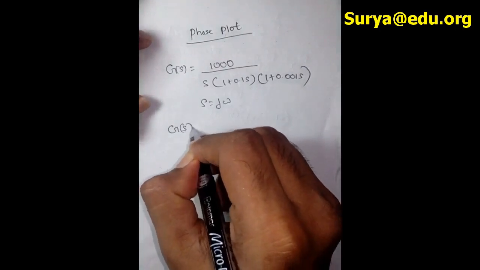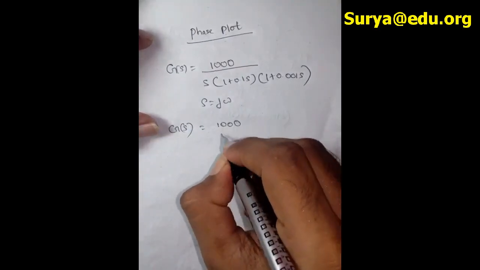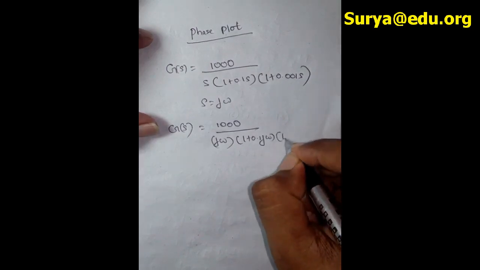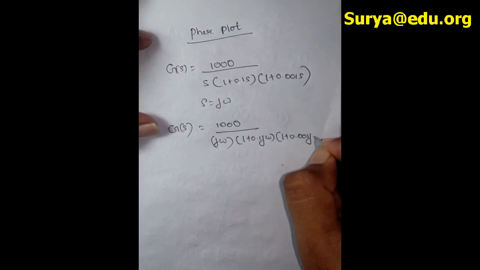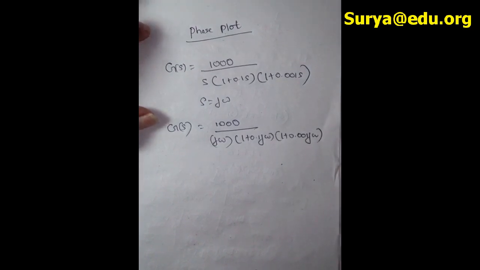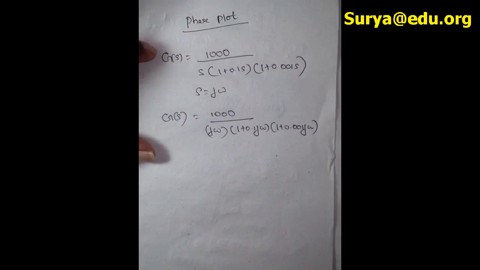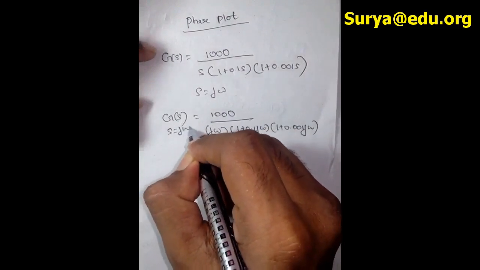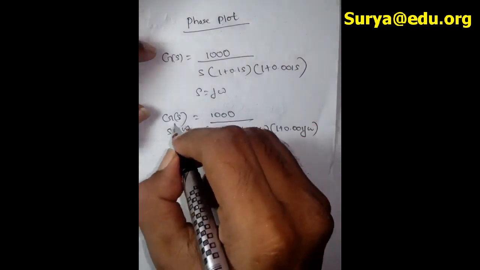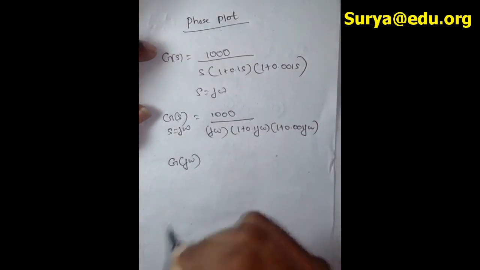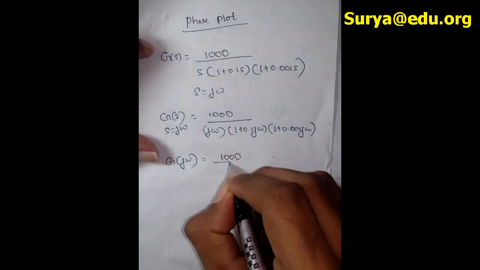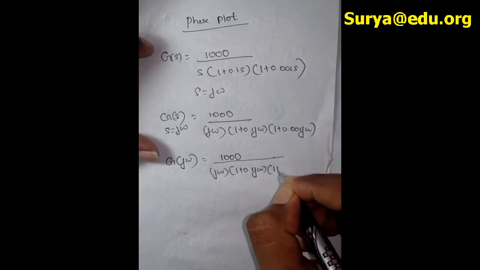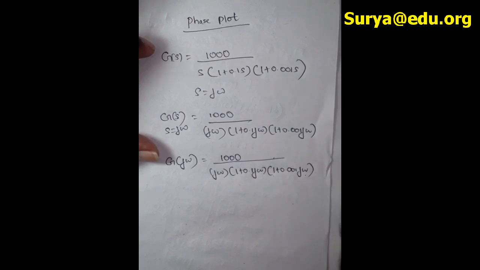Then you will get G(j omega) equals 1000 divided by j omega times (1 plus 0.1 j omega) times (1 plus 0.001 j omega). Now that is clear. Keep in mind that when you put s equals j omega, this s also becomes j omega. So the logic is very easy.